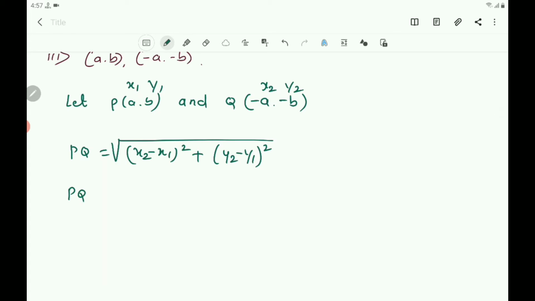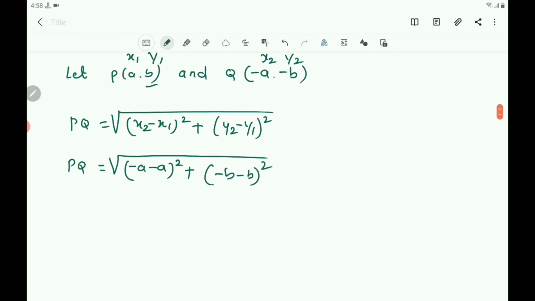Then PQ equals x2 minus x1, where x2 is minus a and x1 is a. So you write minus a minus a, whole square, plus y2 is minus b, y1 is b, minus b minus b, whole square.